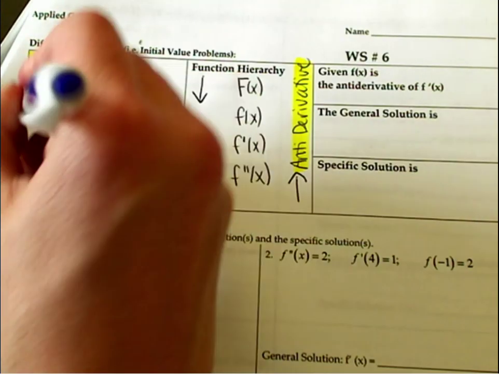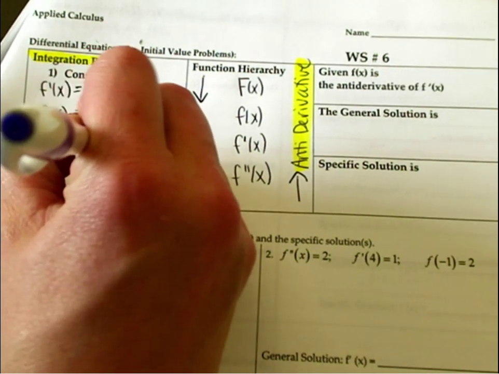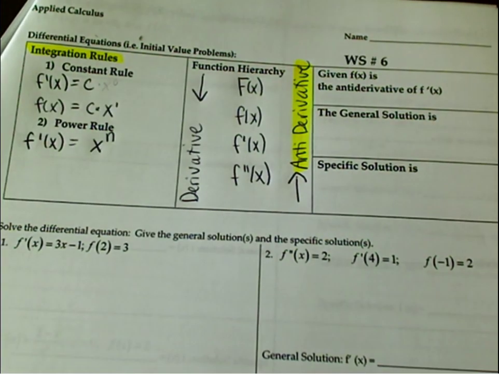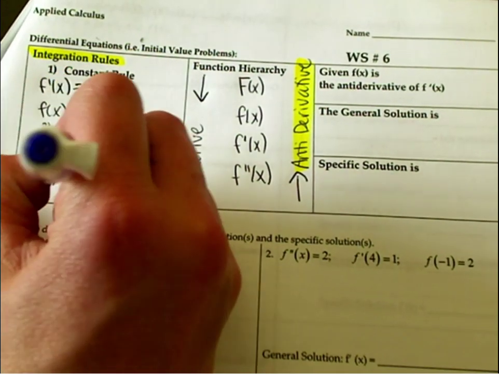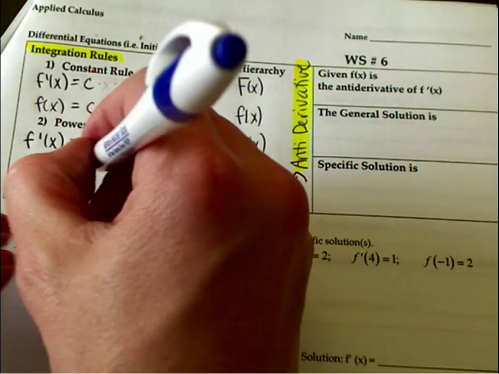Okay, the power rule, that's the one that we just investigated. So given power format means it has to be variable to the n power. The original is, right? It's a two-step process. Add 1 to the power.